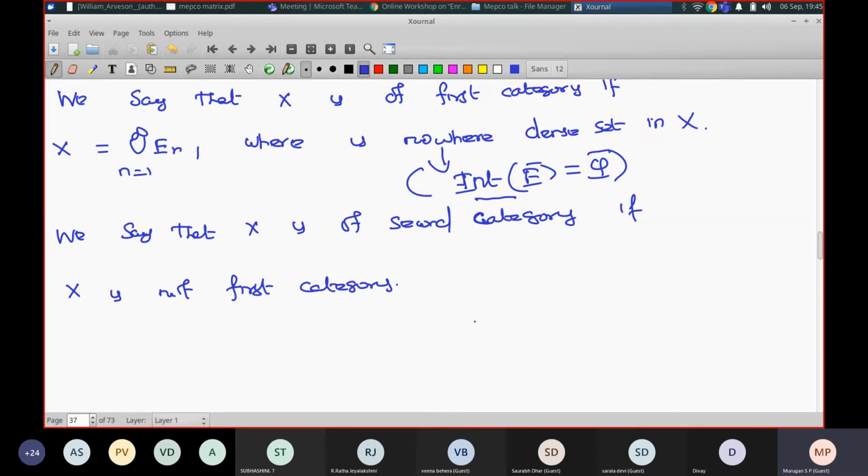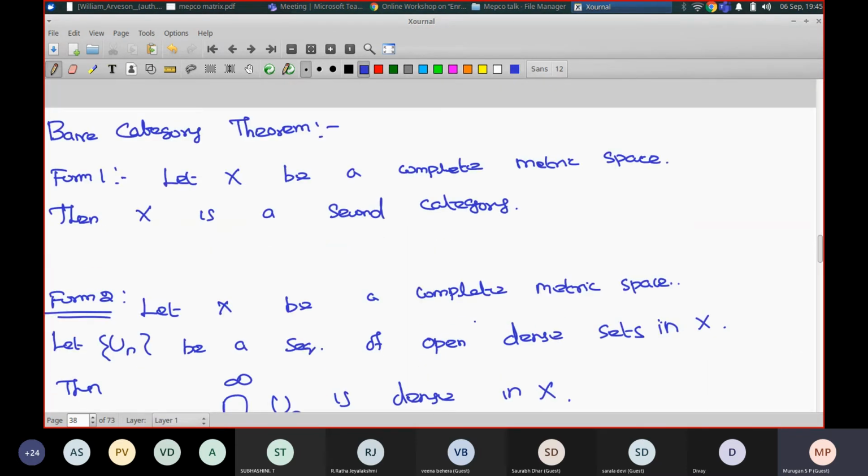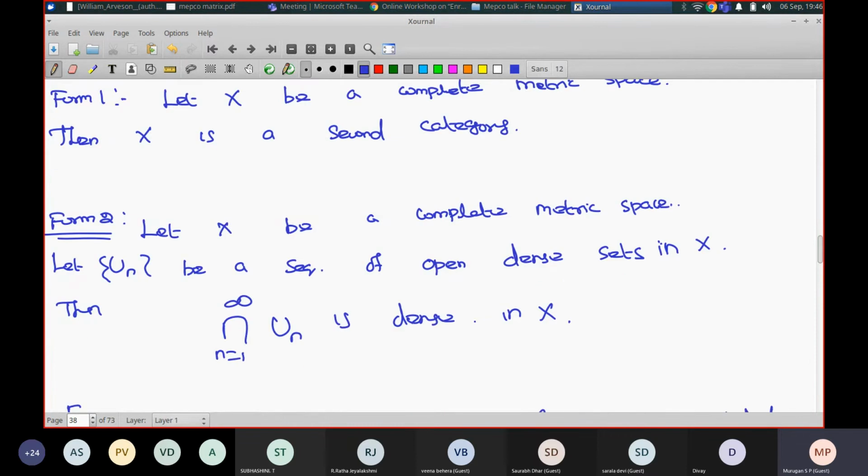Then there is the Baire category theorem, which has two different forms. Form 1: let X be a complete metric space, then X is of second category. That means X cannot be written as a countable union of nowhere dense sets.